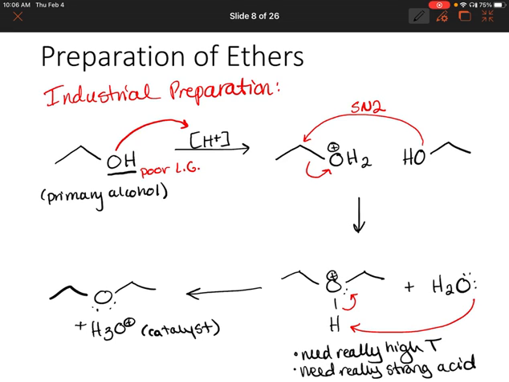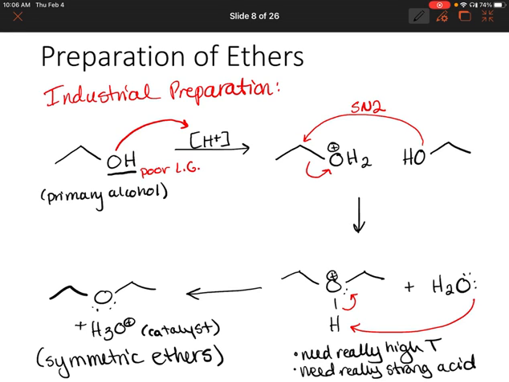So the strong acid can be a hazard for the scientist, and the high temperatures could also be hazardous. Additionally, you can only form symmetrical ethers. So if you wanted to form an asymmetrical ether, this would not be the way you would do it.